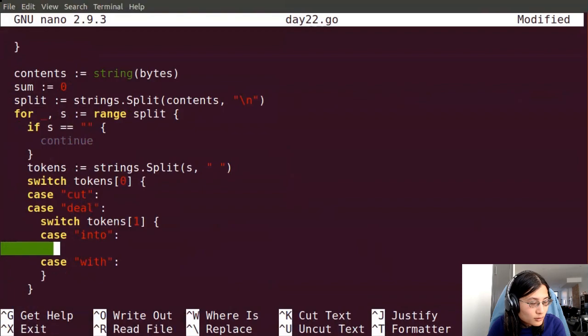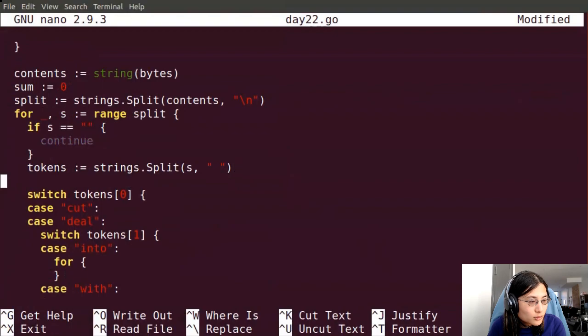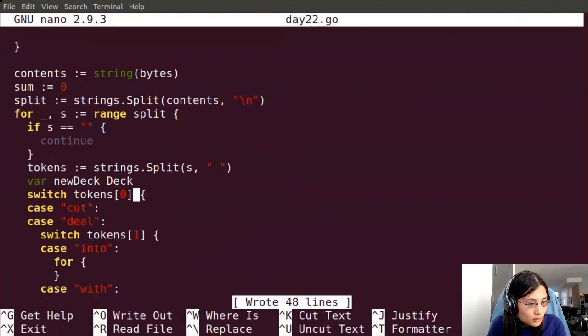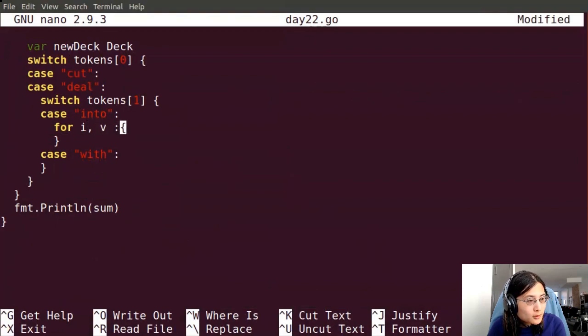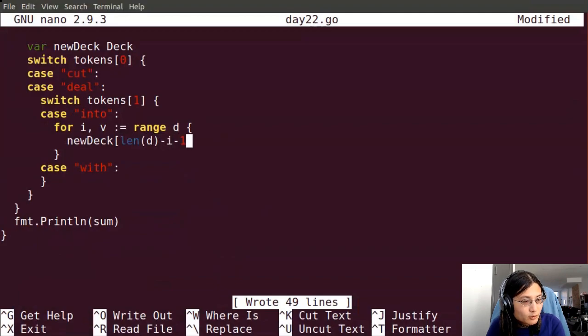So all right. A new deck of length of D minus I minus 1.